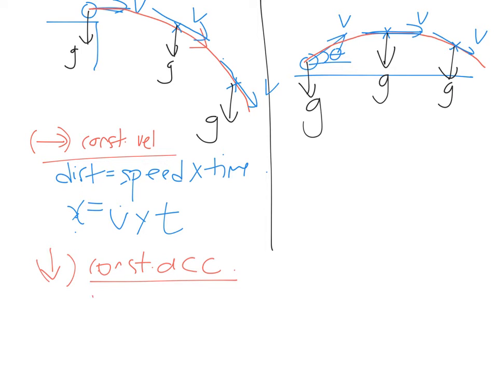If I write v equals u plus at, so you will get vy. Now what is my initial vertical speed? 0, because I'm projecting horizontally. So it will be 0 plus gt. Why do I use plus? Because I'm taking downwards as positive, and acceleration of gravity is always downwards. Now you can use any of the kinematics equations like this, but just remember that your initial vertical speed is always 0.